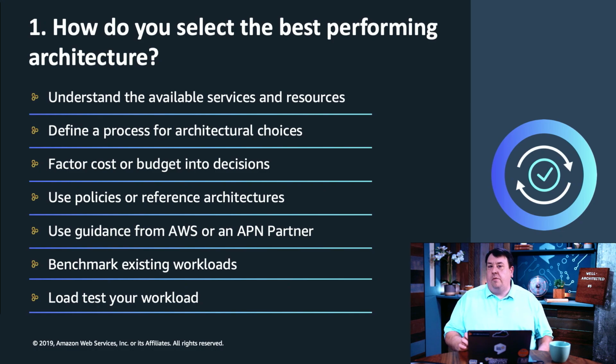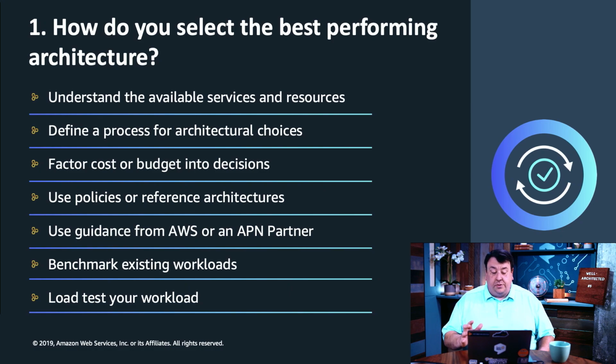You need a well-defined process for selecting those architectural choices. Are there constraints that your business has put around due to regulatory concerns or other things? Factor in cost, and maybe even utilize external partners to help guide you on the best architectures for your particular type of workload.